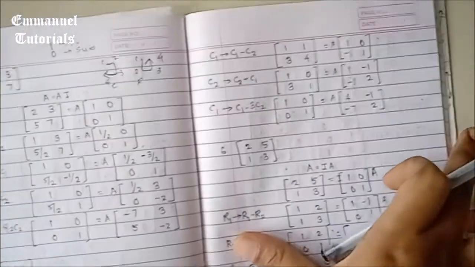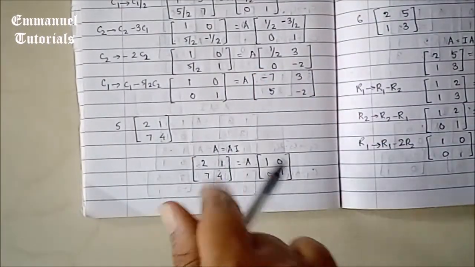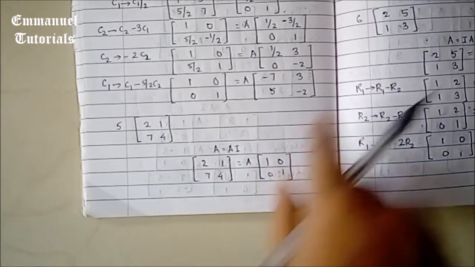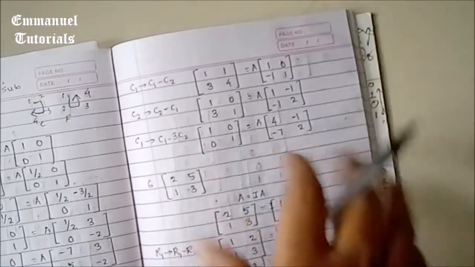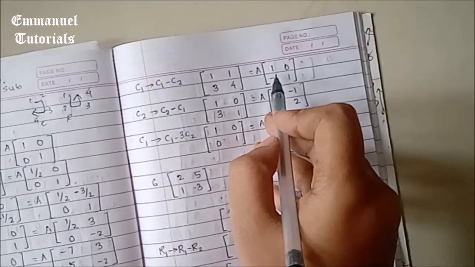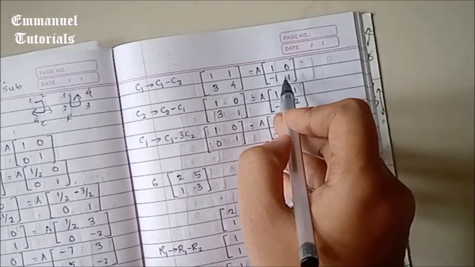So what transformation we'll do? C1 is C1 minus C2. So it will be 2 minus 1, 7 minus 4, 1 minus 0, 0 minus 1. So this will be 1, 3, 1, 4 as it is, 1 minus 1, 0, 1.